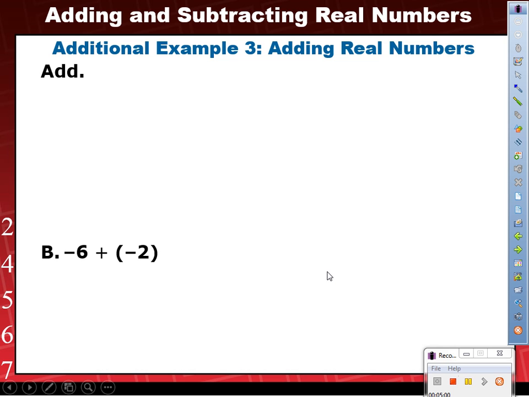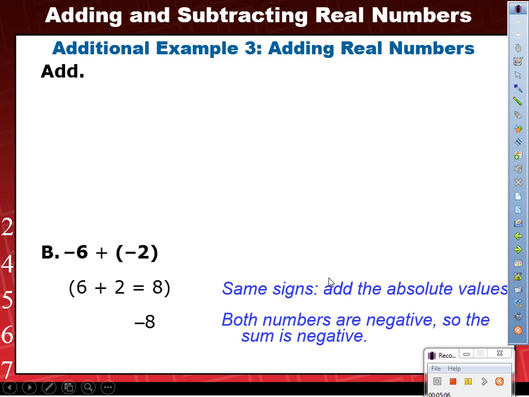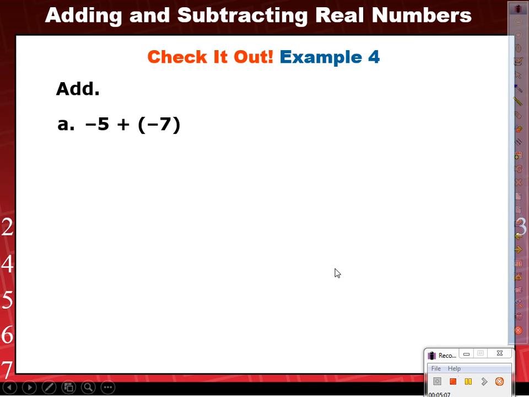How about, let's see, copy this one. Any method? Should take you no longer than 20 seconds.